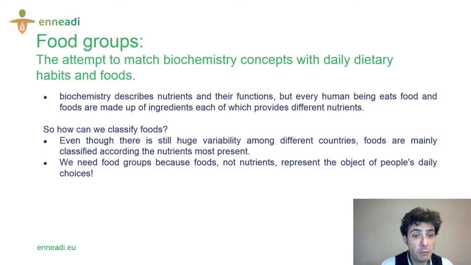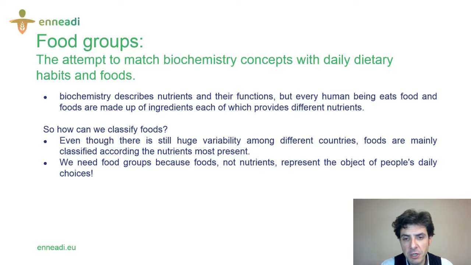And we need food groups because foods, and not nutrients, represent the object of people's daily choices in terms of nutrition. So it's extremely complex to suggest someone, well, you need some more protein, you need some more carbohydrates, because he does not know what and where to find proteins or carbohydrates.